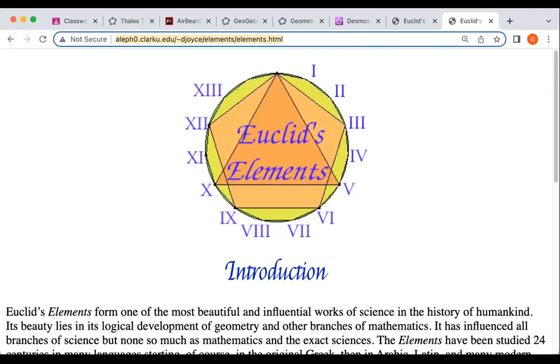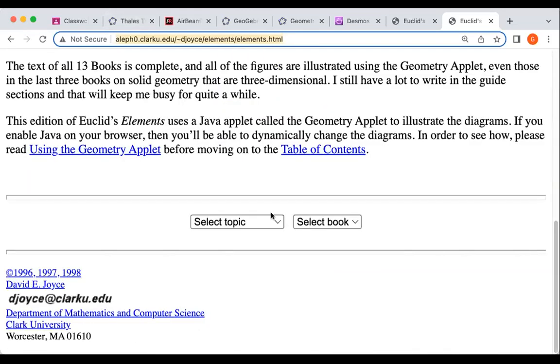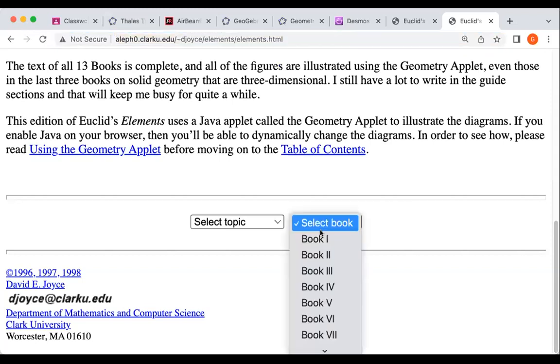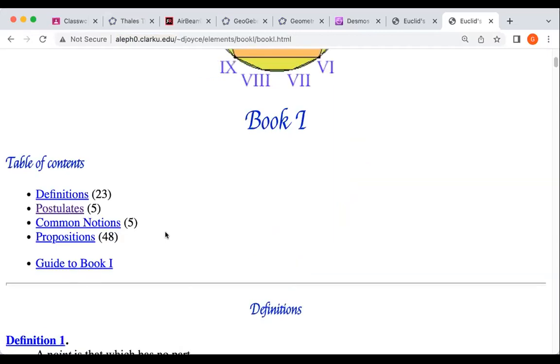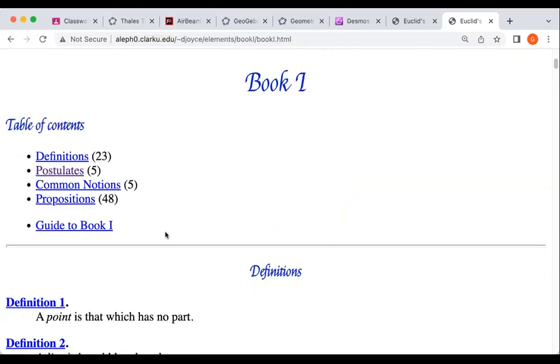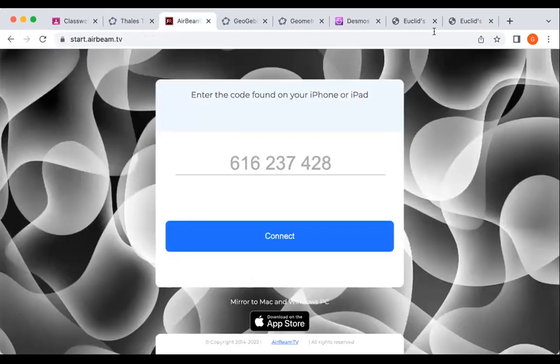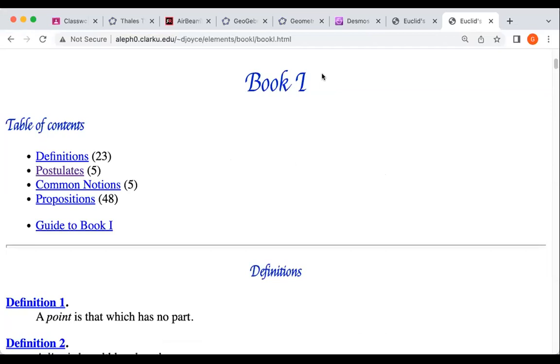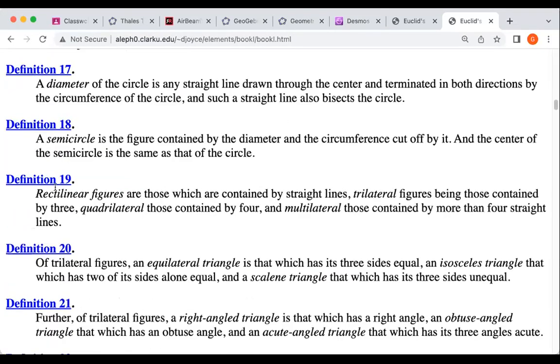What he did was make the entire Euclid's Elements, book 1, all the different propositions.